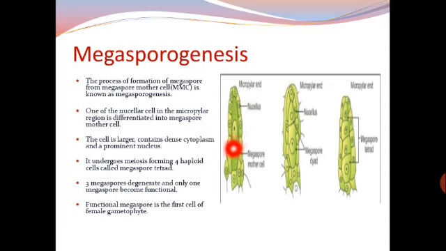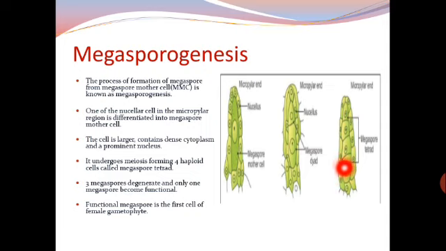This cell will undergo meiosis, firstly forming a megaspore dyad and then a megaspore tetrad. So, the megaspore mother cell undergoes meiosis forming 4 haploid cells called the megaspore tetrad, arranged in a linear fashion. 3 megaspores degenerate and only 1 megaspore becomes functional.